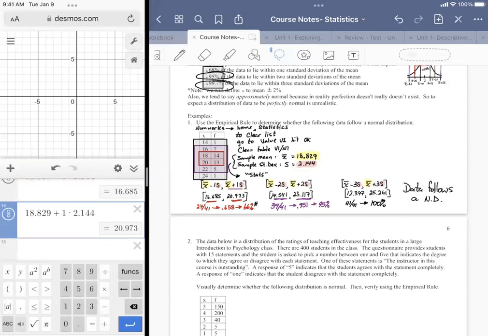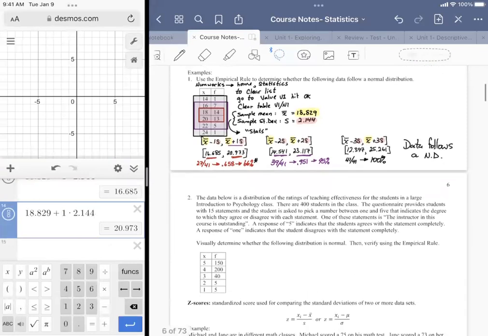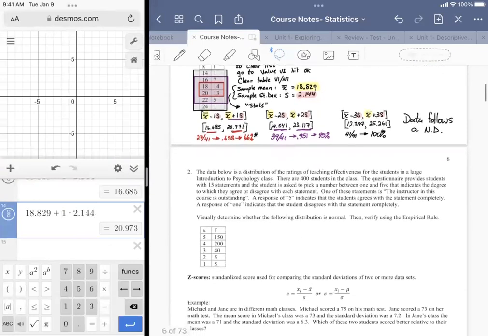But the next example talks about really the same thing, but now it gives you a little bit of context. Data below is a distribution of the ratings of teaching effectiveness for the students in a large introduction to psychology class. There are 400 students in the class.